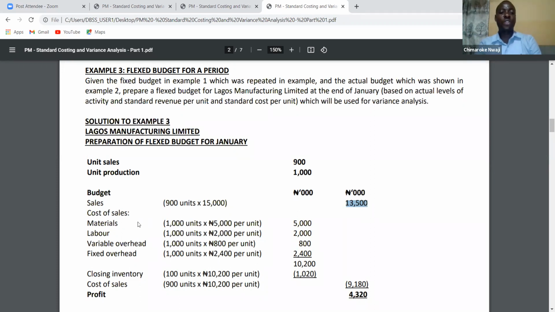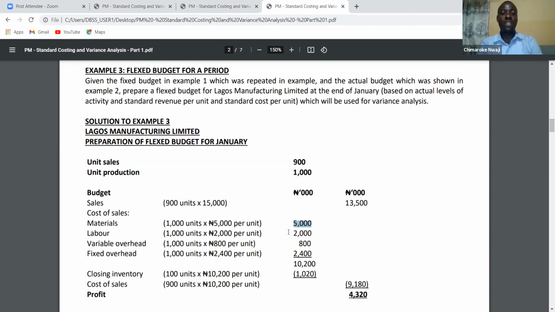Now, your cost of sales. If you have produced 1,000 units as against the 1,200 you made in your fixed budget, which is so rigid that you can't change it, but now this flexible budget is flexible enough that we can bend to the level of actual activity. Now, if we had produced 1,000 units at a material cost of 5,000 naira per unit, we would have spent 5 million.